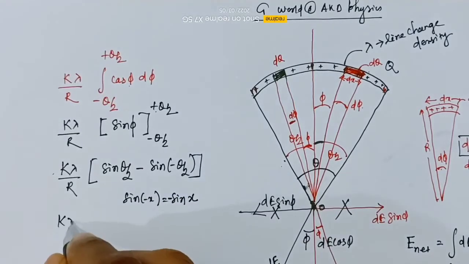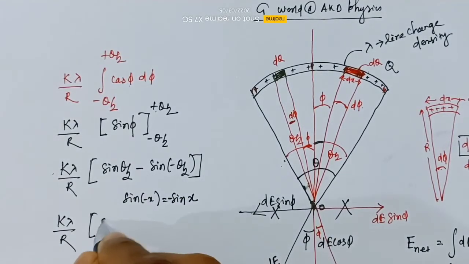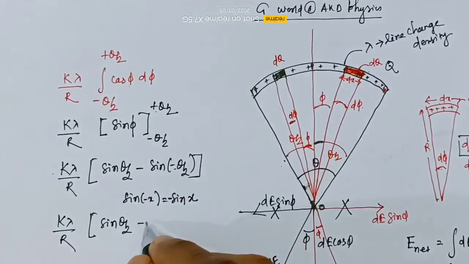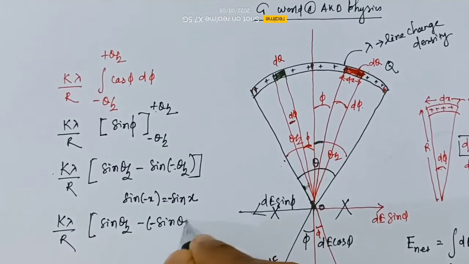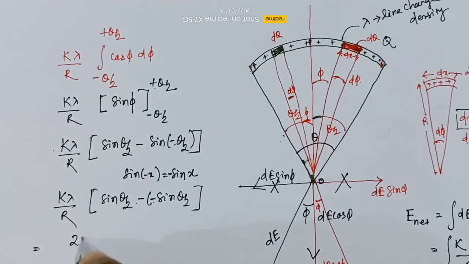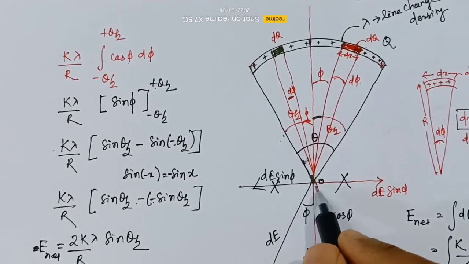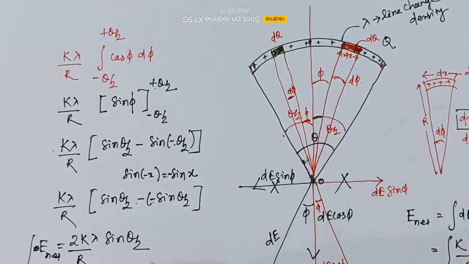So I simply write it as k lambda by r, sin theta by 2 minus, here it can be written as minus sin theta by 2. So the minus giving rise to plus, the expression will be coming as 2k lambda by r sin theta by 2. This is the expression of net electric field at the center of any circular arc. This is my expression, that 2k lambda by r sin theta by 2.